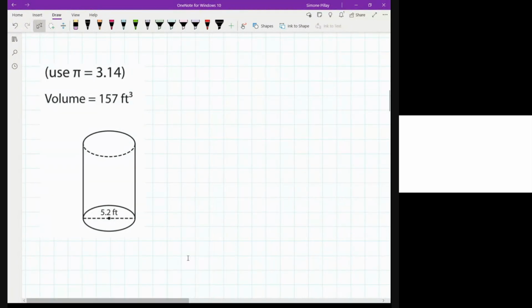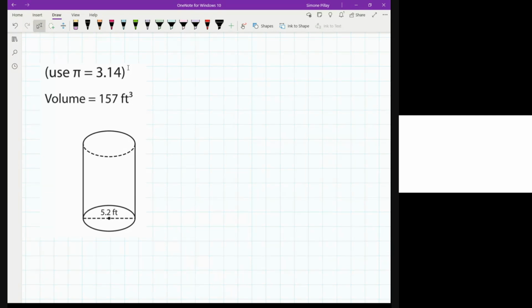Now, they've told us to use pi as 3.14. And they've told us that the volume of the cylinder is 157 feet cubed. They've given us the diameter of the circle in my cylinder, and it's 5.2 feet.